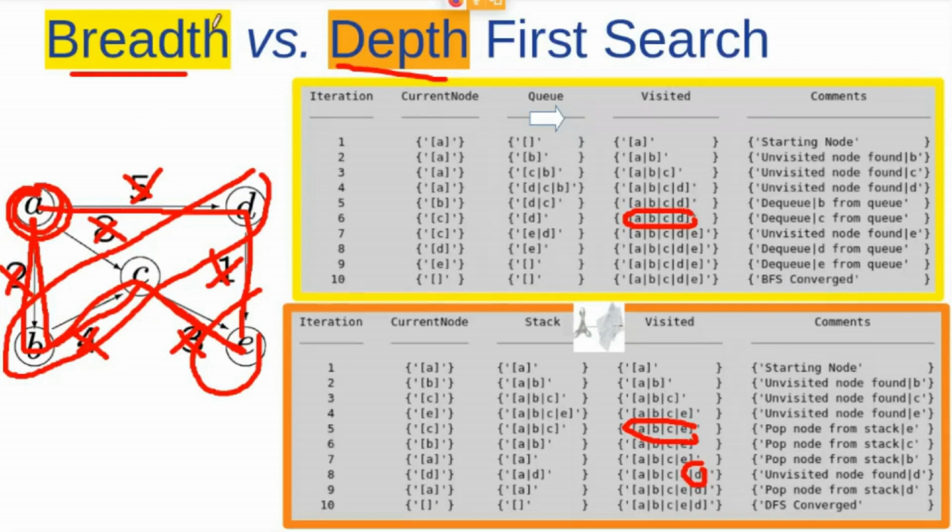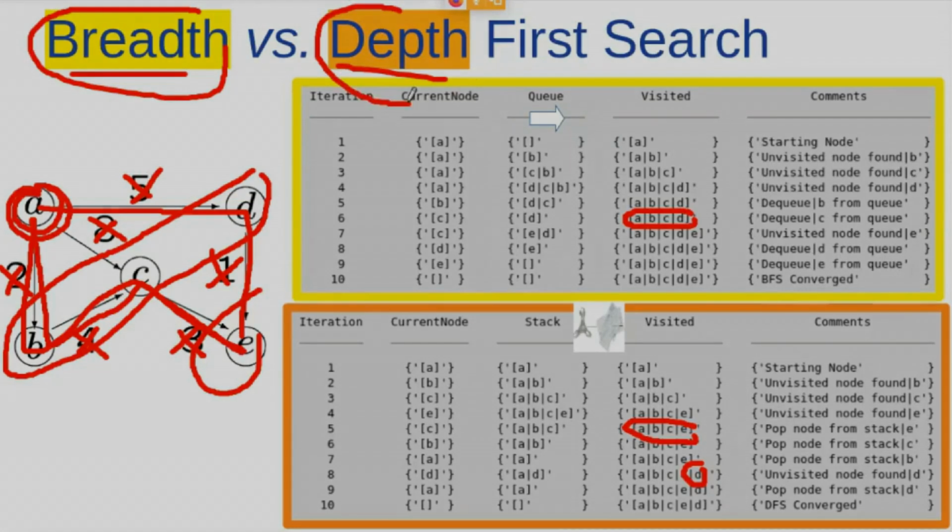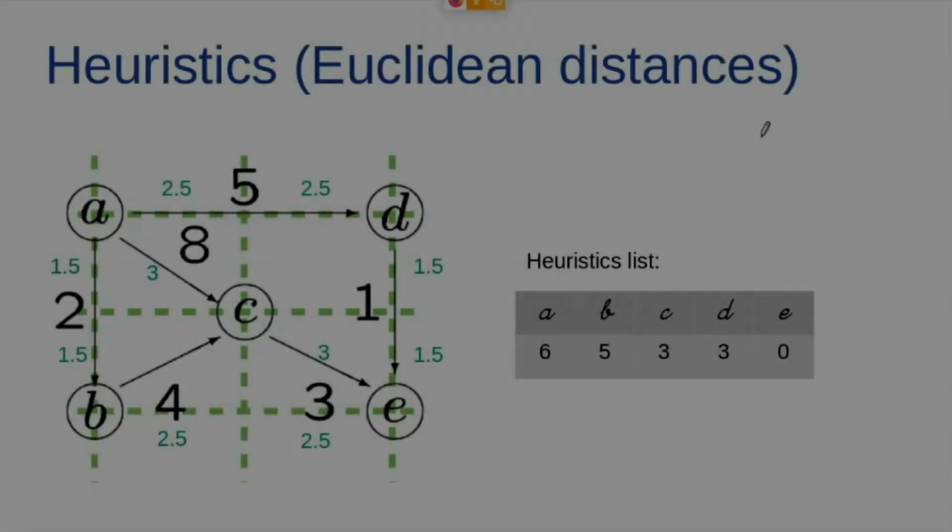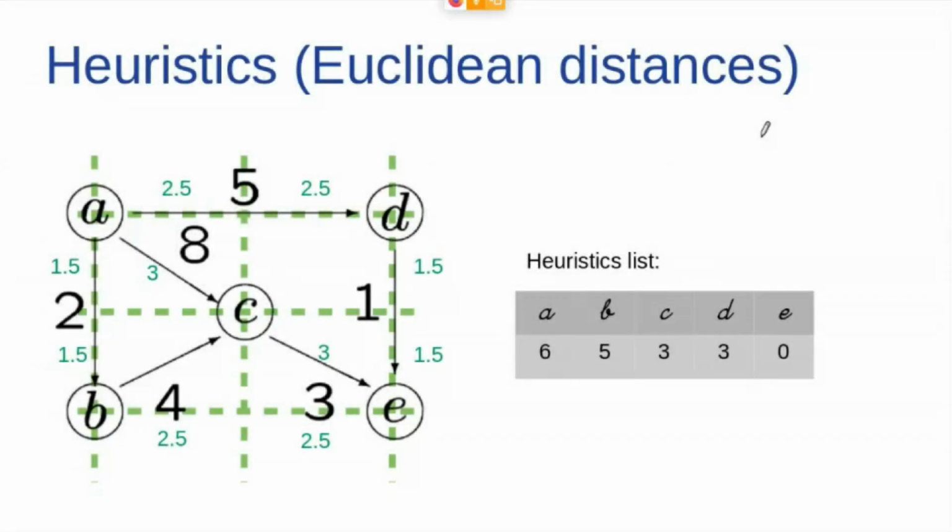But the methodology here is different from the depth first search. Well, now we're going to use the informed methods, so the methods that will use the costs of going from one node to the neighbors, right?